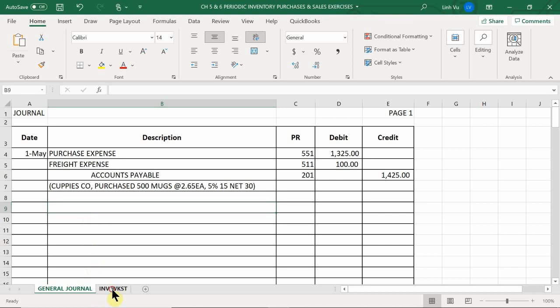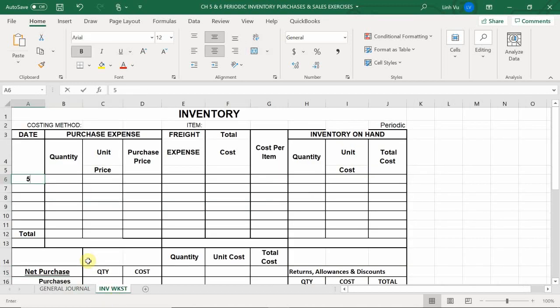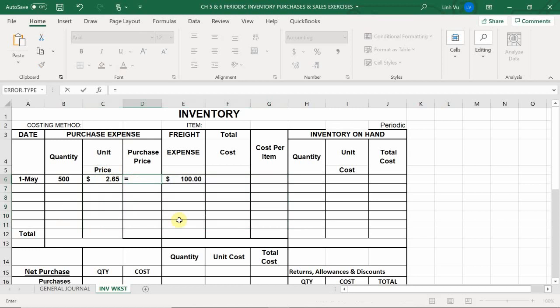So now we need to plug that into our inventory worksheet. So 5-1, quantity 500 at $2.65 with a freight of 100. How do we solve for my purchase expense? What's my purchase price? $1,325, plus 100 gives me a total of 1,425.